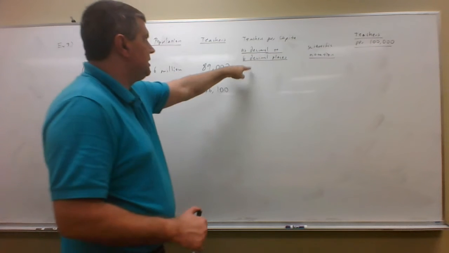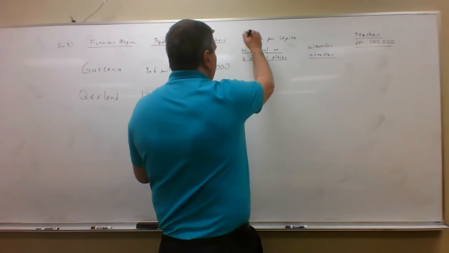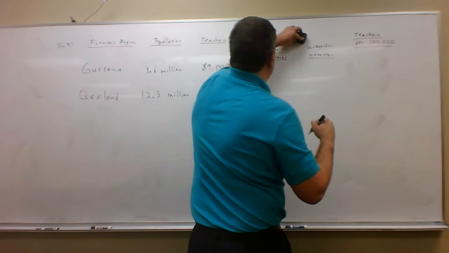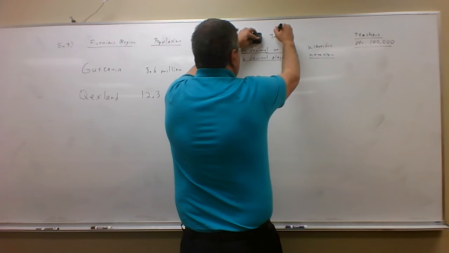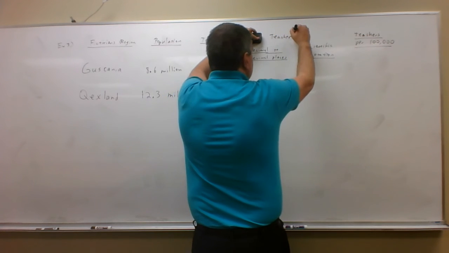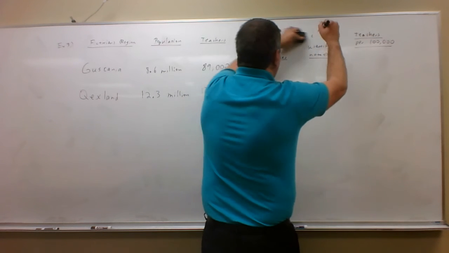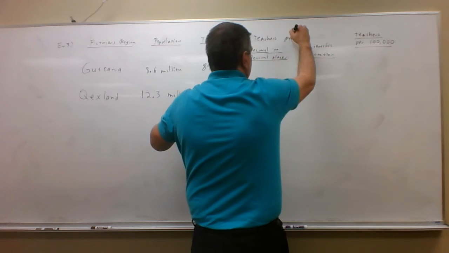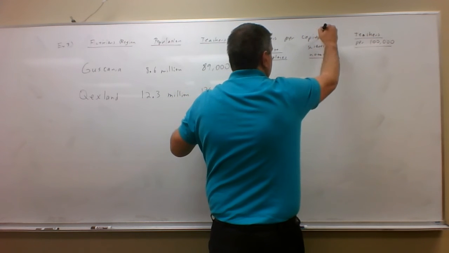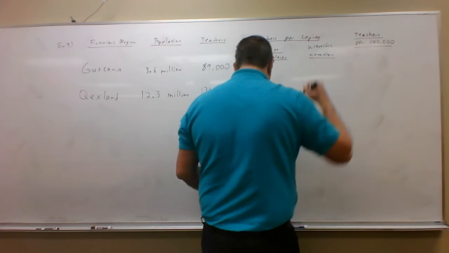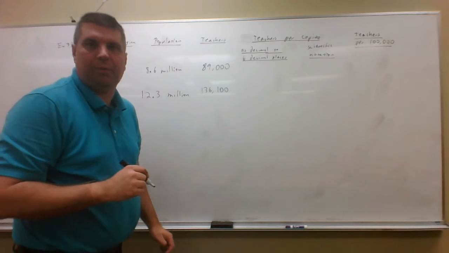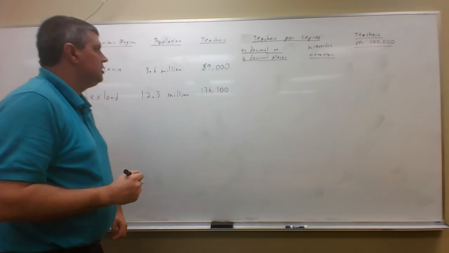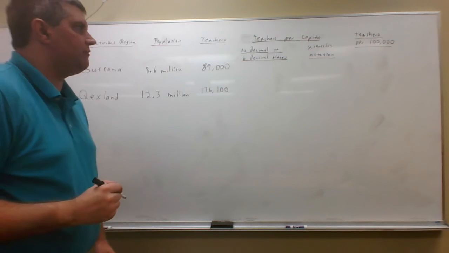Now we're going to do teachers per capita as a decimal to 6 decimal places. Per capita means per person. It comes from Latin for per head. So, you're always going to be dividing by your population.